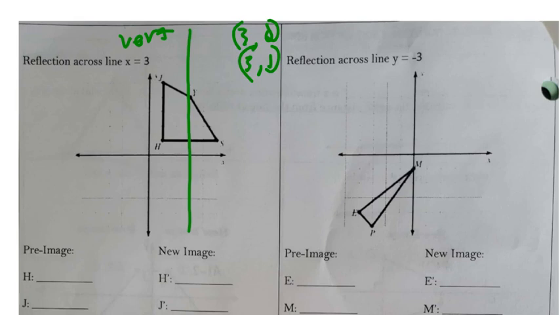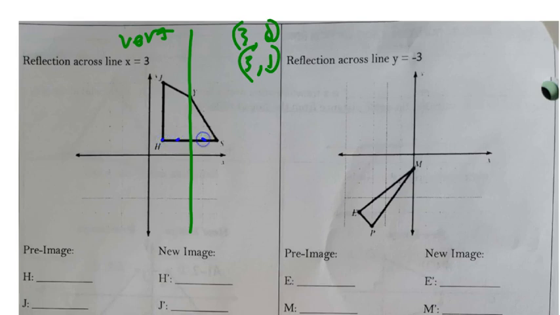And here's where actually the counting method is very nice. So notice how J is, well, if I drew it properly, J is on the line, right? Okay, well, that means J prime is always also going to be on that line. Now, let's look at H. H is 2 spots away from that line.